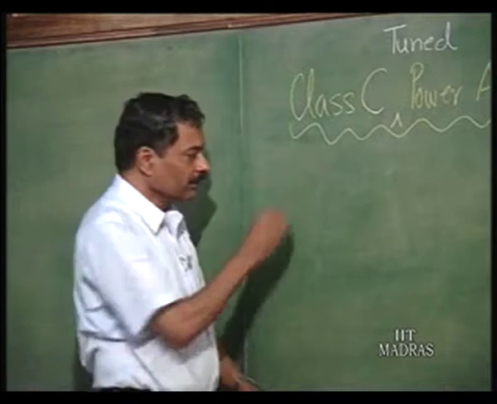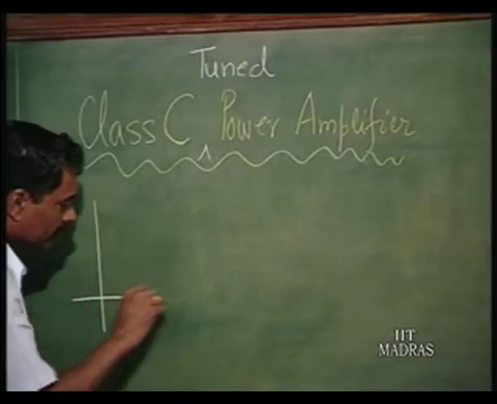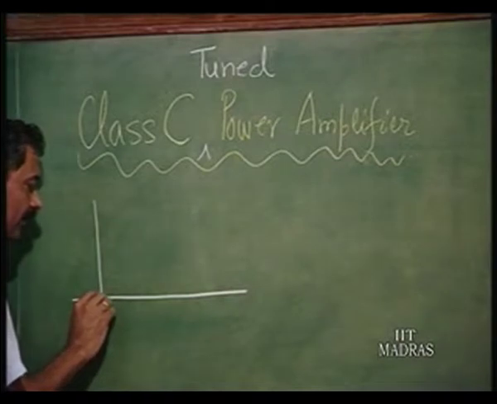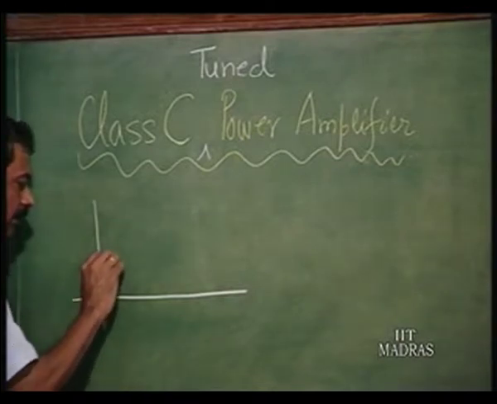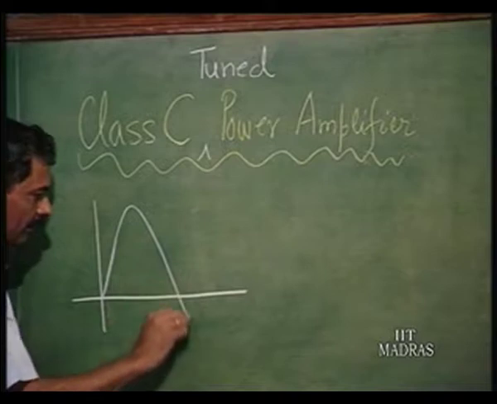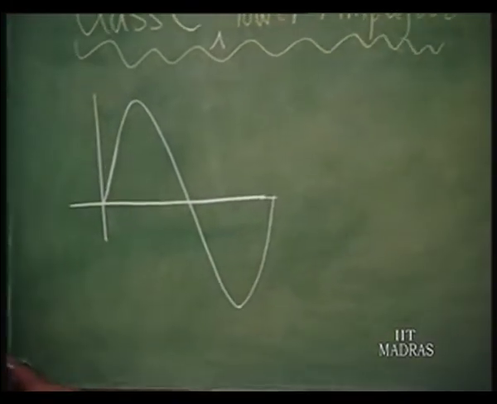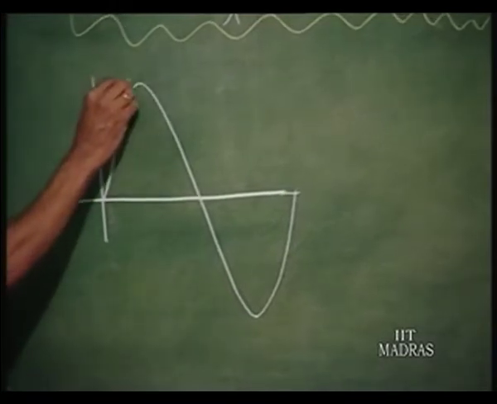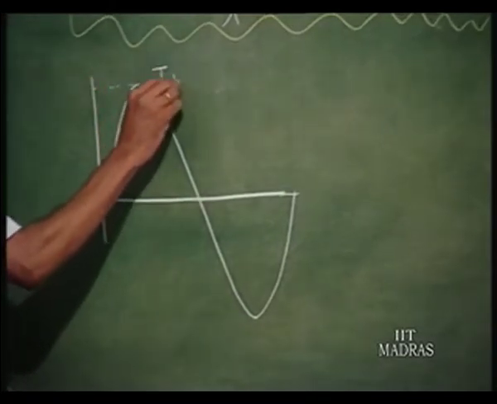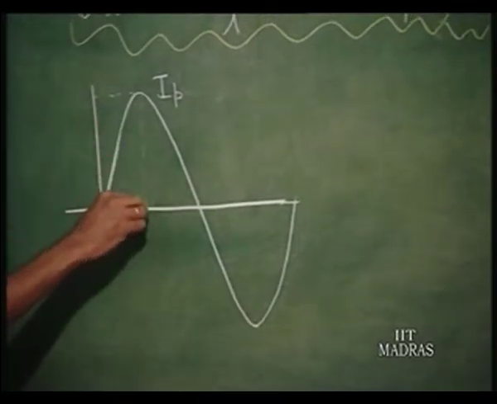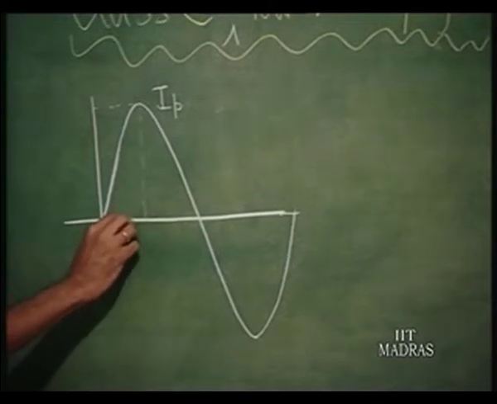But we have to now make use of only part of the time of conduction. That means, let us say for a transistor, the normal output current waveform is this, and the peak current let us say is IP, okay, it is going to be conducting only for part of the period.